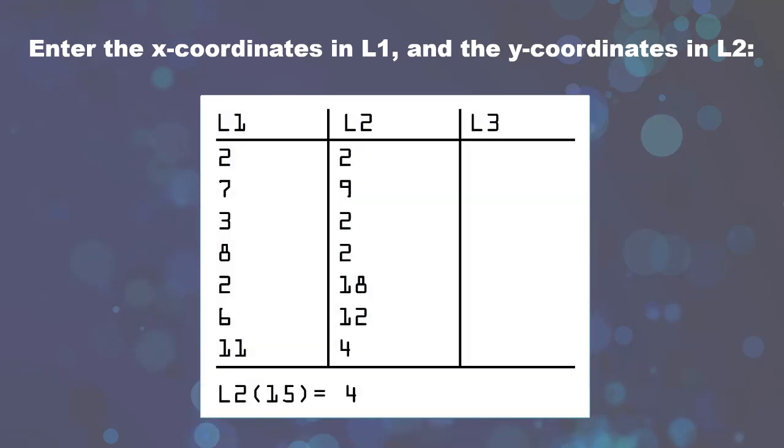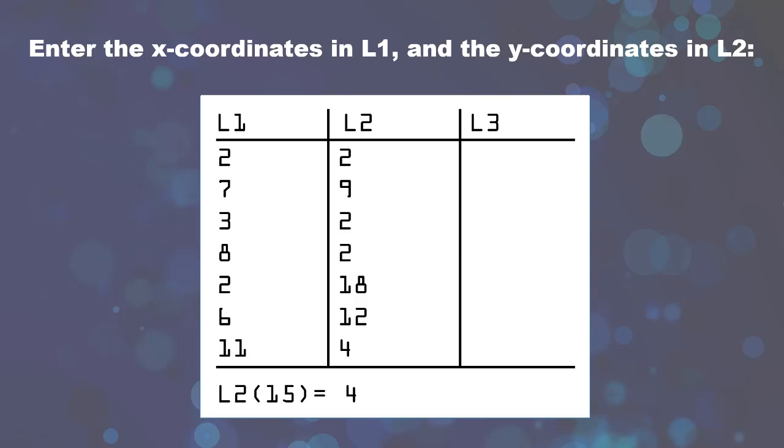You want to make sure you keep those coordinates in the same order. Don't go changing the order around. The reason you want to keep them in the same order is because one of the values that we compute is x times y. So when you're doing that, you have to multiply each x times its own y. So if you change the order, you'll be multiplying the wrong x's and y's together, and that will change that sum.